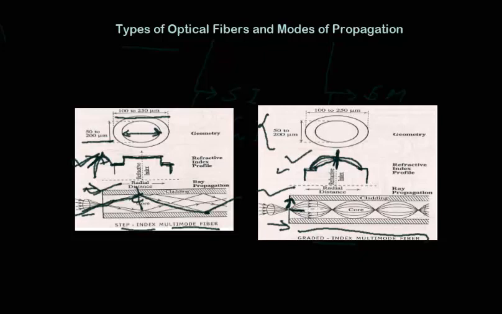So because of that, we are getting this kind of structure. So as the ray bends and takes a different path along the axis, you can see this ray has a different path, now this has a different one and this has a different one. But the point to be noted is that all the rays have the same time period. So they are covering the same amount of distance in the same time.